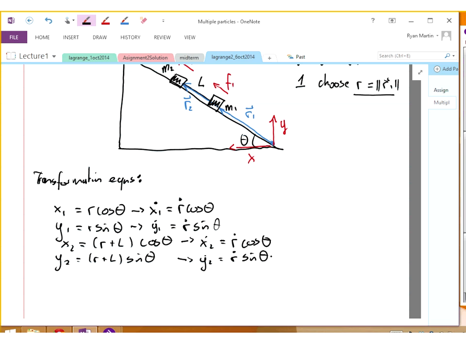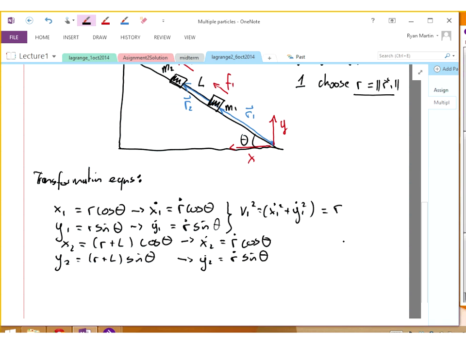And so the speed squared, because we're going to need a half mv squared for the kinetic energy, right? So we need v1 squared for the first particle. That would be x1 dot squared plus y1 dot squared. If I plug in r dot cos theta and r dot sine theta, I'll get r dot squared cos squared theta plus r dot squared sine squared theta. So cos squared plus sine squared is 1, and then I get r dot squared.